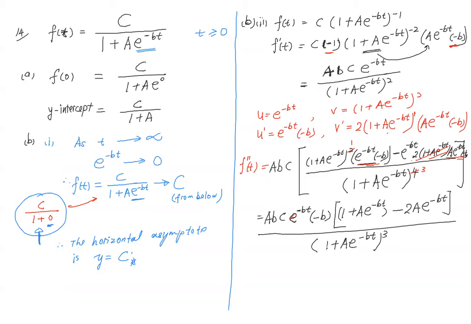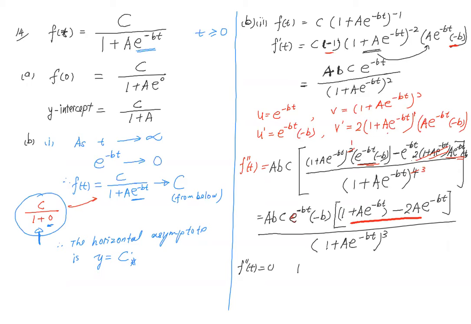Okay. So now, what I need to do is I want to know the inflection point, all right? So what I need to do is this one cannot be 0. So the top is 0. So f double prime t equal to 0. So I straight away write here. I simplify this one. So I straight away write 1. This is A to the power negative bt, take away 2A. So left with 1A.